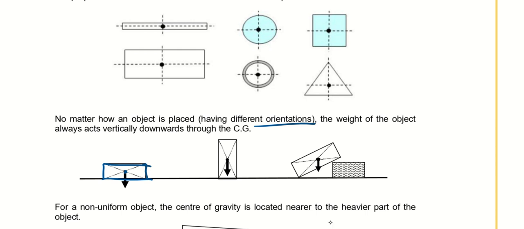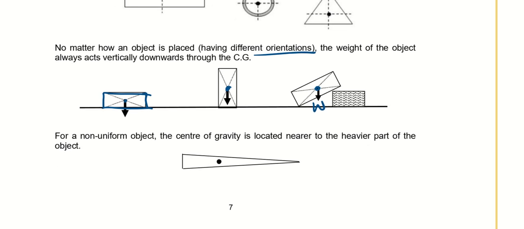Even if I put it in the upright position, it will still be at the same location within the object. And weight always acts vertically downwards. Now, I prop it up on a surface, slanted. The location of the CG is still the same. It doesn't change because there are no other changes to the object. I never mold it into another shape. The weight is still acting vertically downwards.